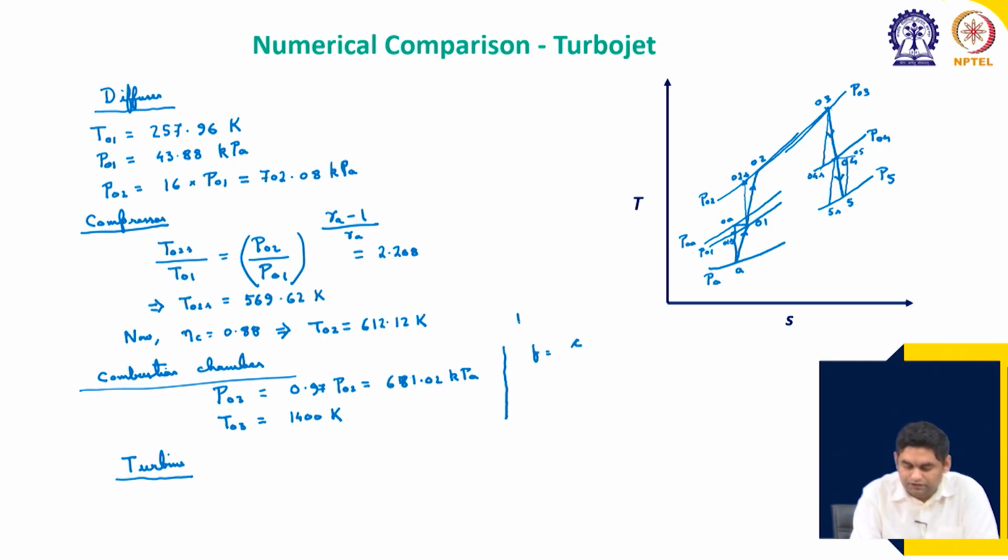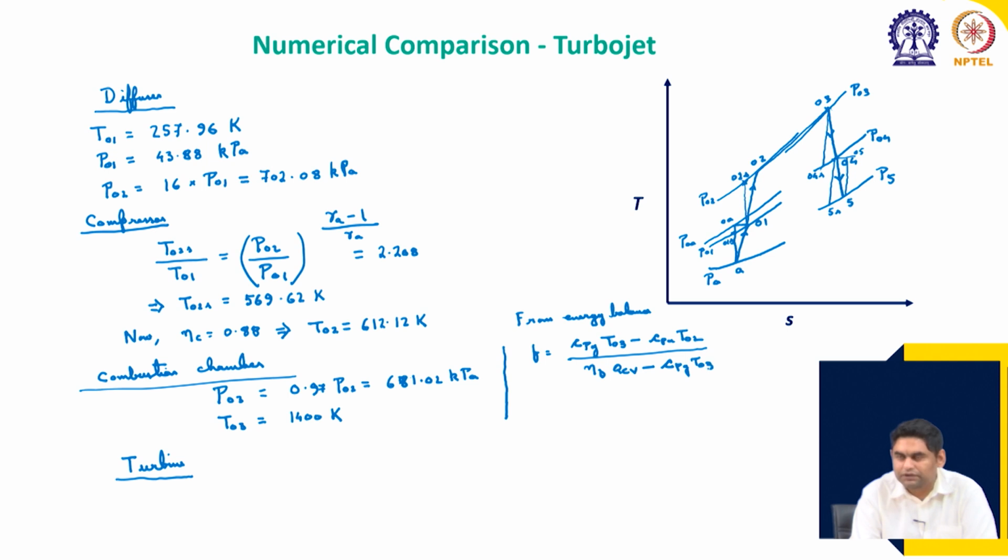From energy balance, F is equal to (Cp of gas into T03 minus Cp of air into T02) divided by (combustion efficiency into calorific value minus Cp of gas into T03).